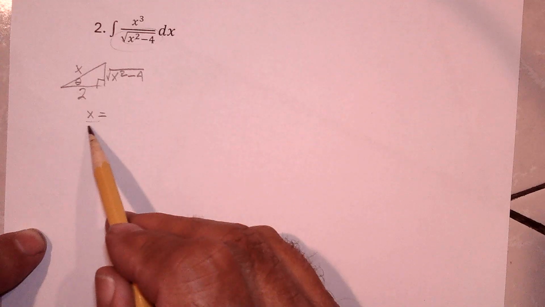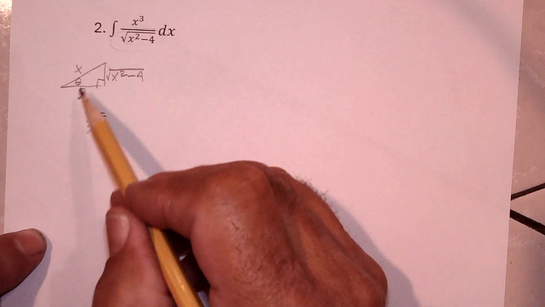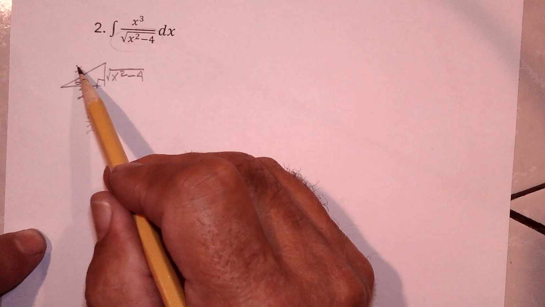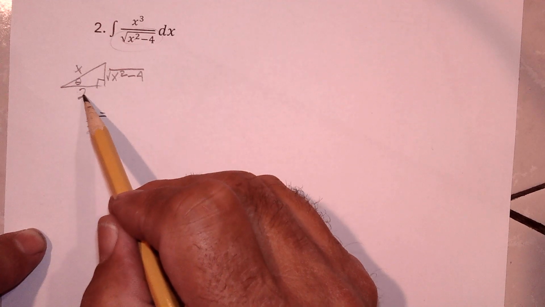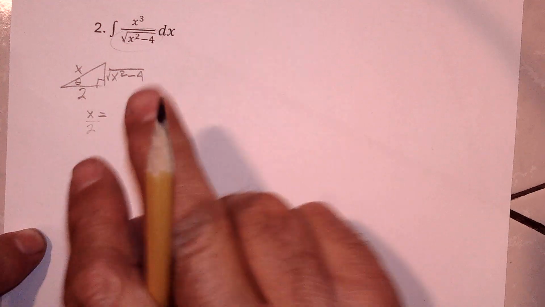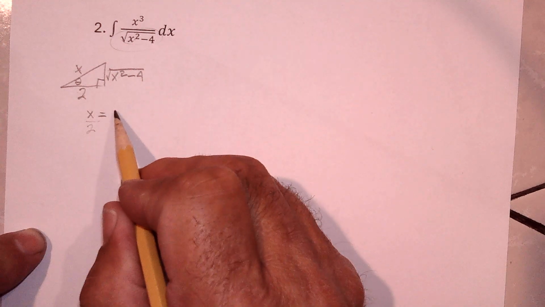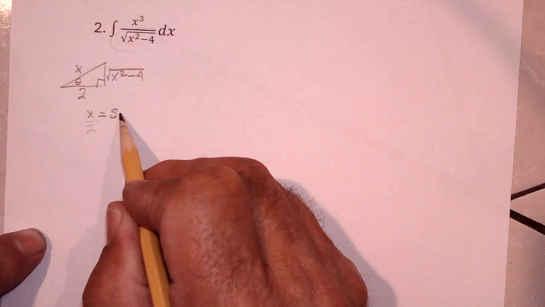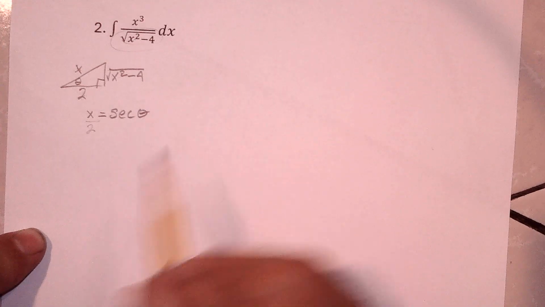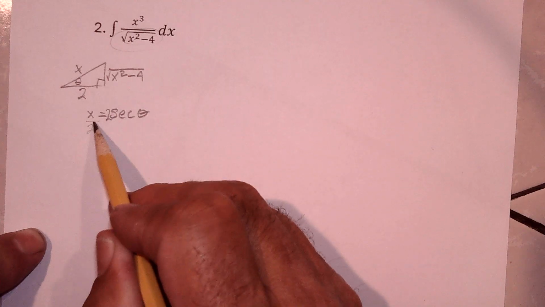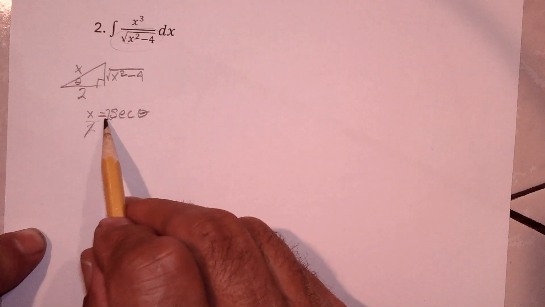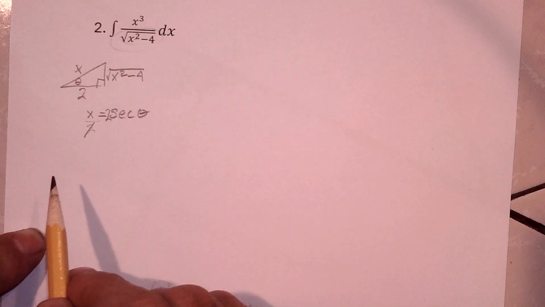So x over 2. See, 2 over x, adjacent over hypotenuse is cosine. So x over 2 is the reciprocal of cosine, which is secant. And if I multiply both sides by 2, then I have x is 2 secant theta.